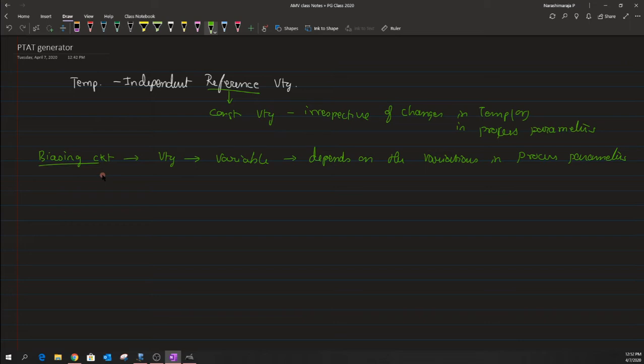But as we know, this reference circuit in general has to generate a constant voltage. Now, in order to have this constant voltage, we actually postulated that if there exist two quantities like voltages, and I'm just assuming that we have voltages as our quantity, where both these voltages have opposite temperature coefficients, then we can sum those two quantities with appropriate weights to yield a resultant voltage.